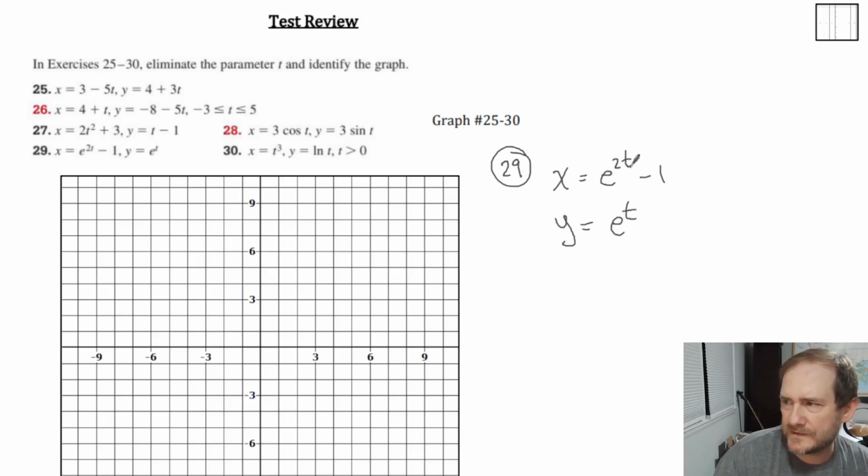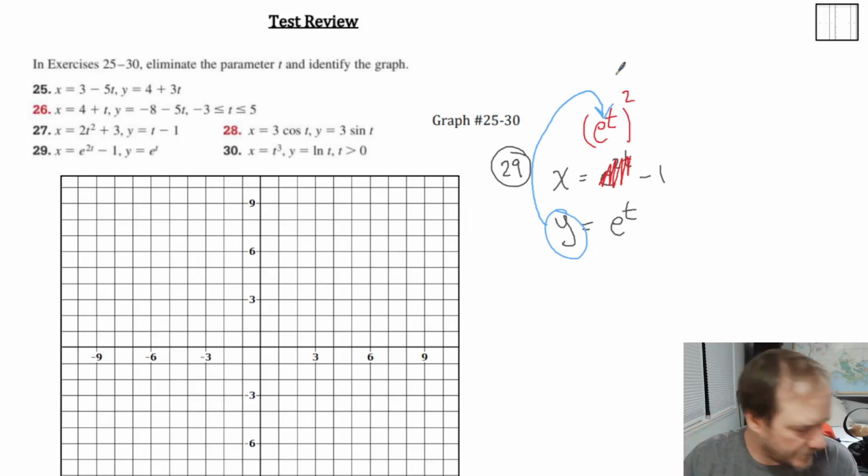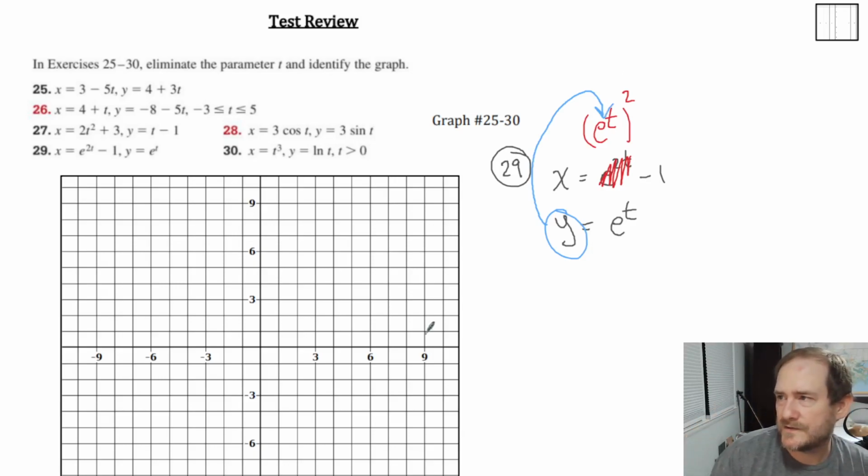So I can definitely make a substitution here because I know that e to the 2t is just e to the t squared. And so as soon as I rewrite e to the 2t as e to the t squared, then I can just take y and substitute it in for e to the t. You don't always have to make a direct substitution for t. You can substitute in for any expression as long as they're equal. So I can replace e to the t and it works just as well.